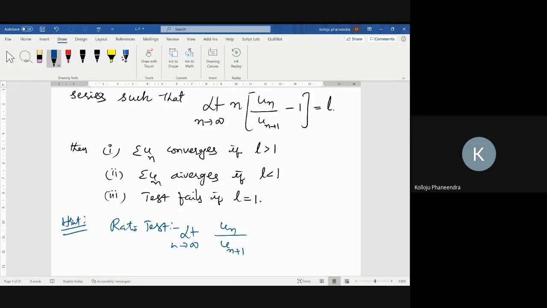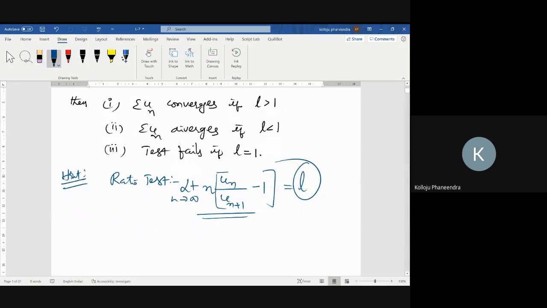Now, when the ratio test fails, what do we have to do? For this un by un plus 1, subtract 1, and multiply this entire thing by n. Then you will get some value L. This may be greater than 1 or less than 1. Now, you write here, I will write clearly.